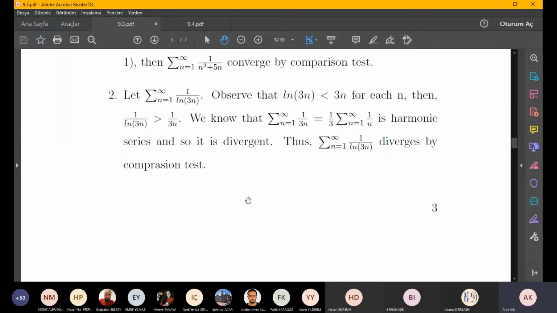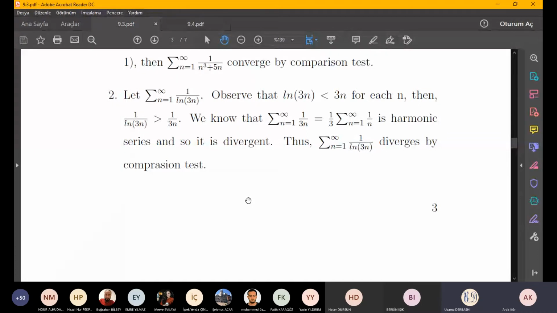They are both positive series, and all the terms are positive. One is larger than the other, but one is divergent and one is convergent. So they shouldn't reflect convergence or divergence of each other.